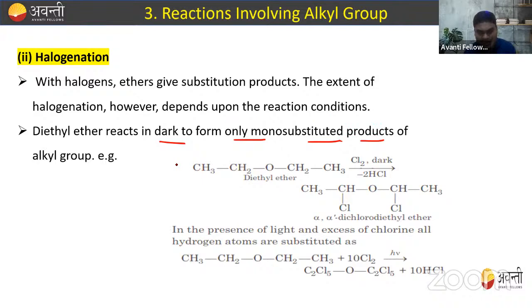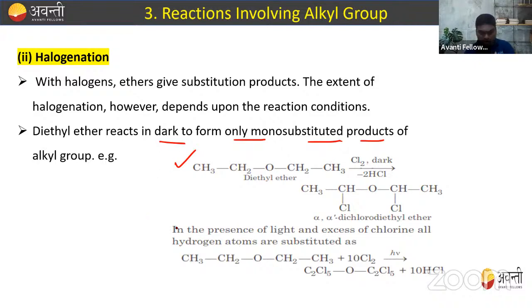For example, this is the diethyl ether. When they react with Cl2 in dark, they will form alpha-alpha dichlorodiethyl ether, right? Only mono-substituted. Alpha-alpha dichloro. So we have one alpha carbon here, one alpha carbon here. So we have an alpha-alpha dichlorodiethyl ether.